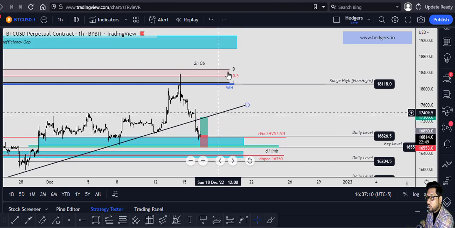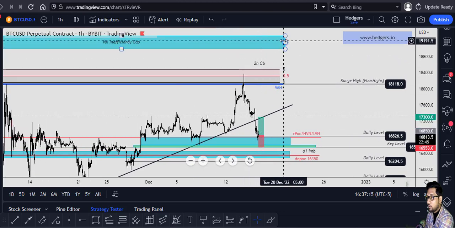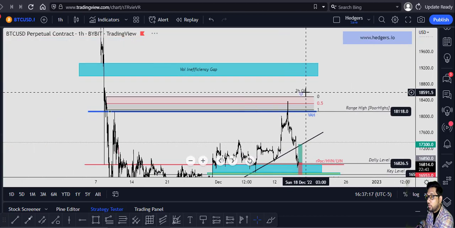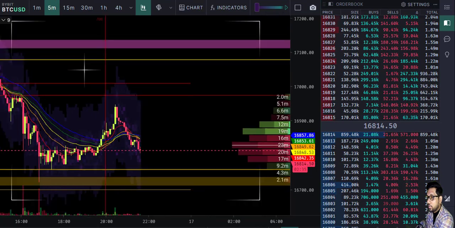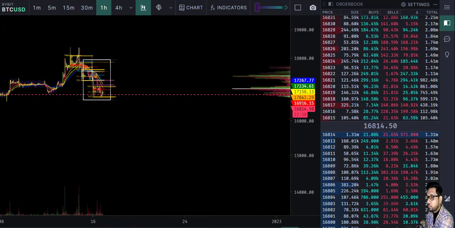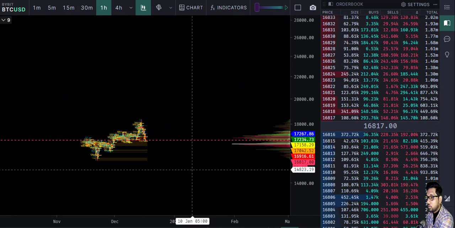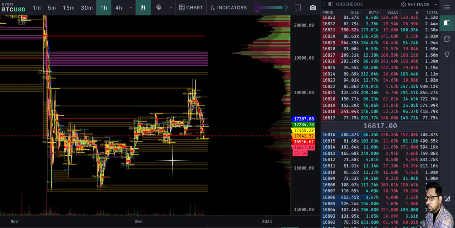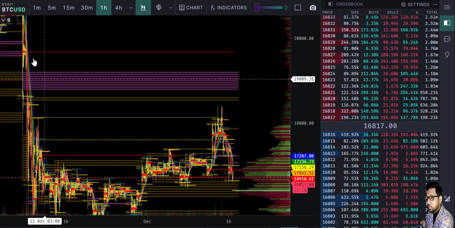If we break through to the upside, filling the volume inefficiency gap and the 4 hour order flows as well. Also, if I can show you, here we go, really nice single prints in this zone.